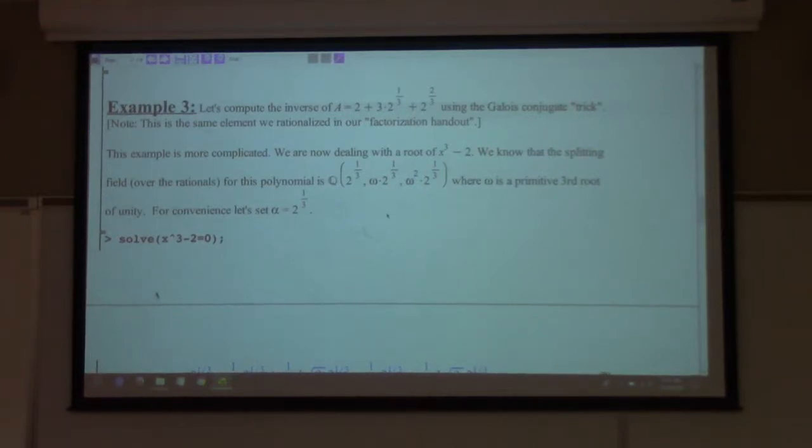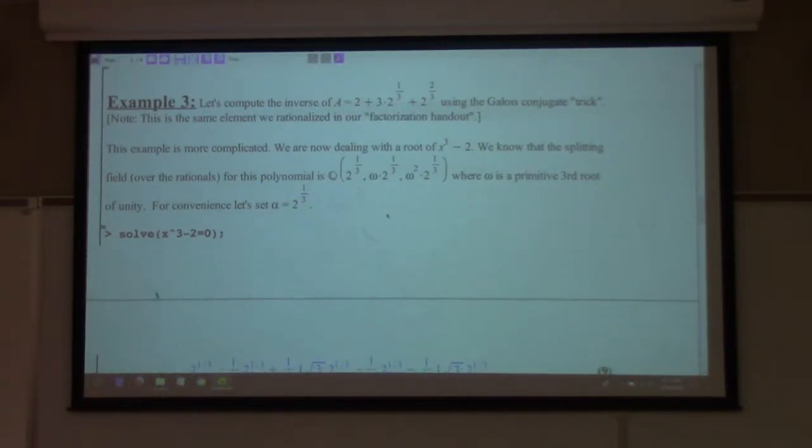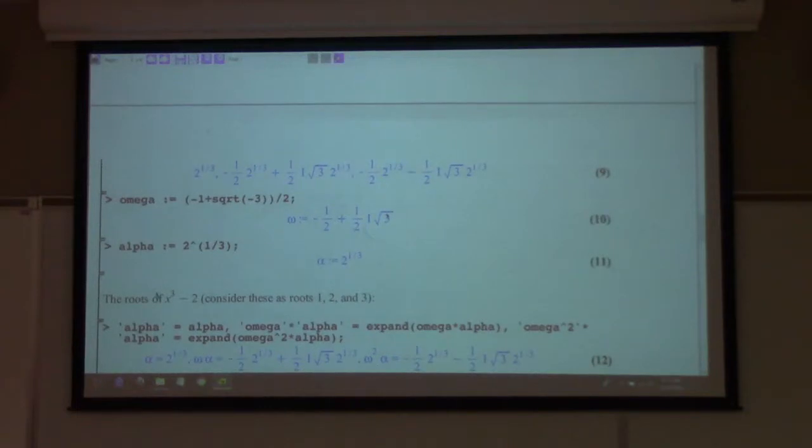Of course, the corresponding Galois extension is the splitting field for x cubed minus 2. We actually need the third roots of unity times the cube root of 2, which then gives us a solution to that. So he puts alpha equal to the cube root of 2. I might have called it theta at some point in here. I forget. And now he's just creating stuff to work with.